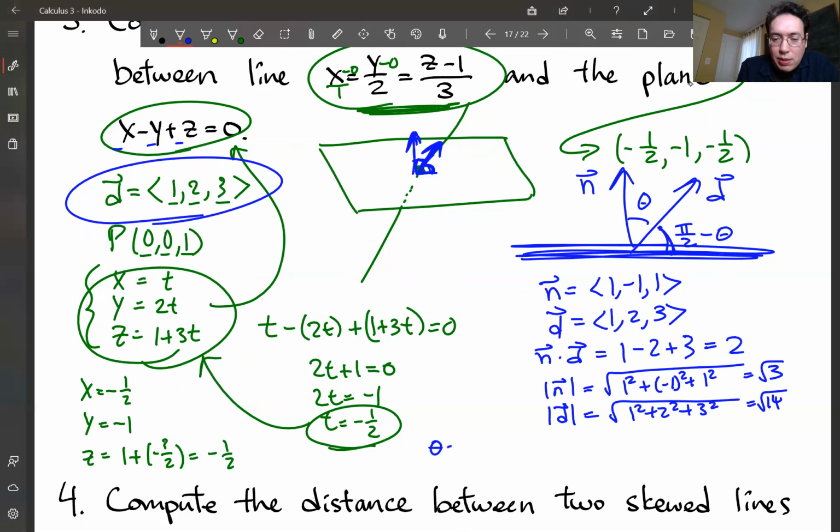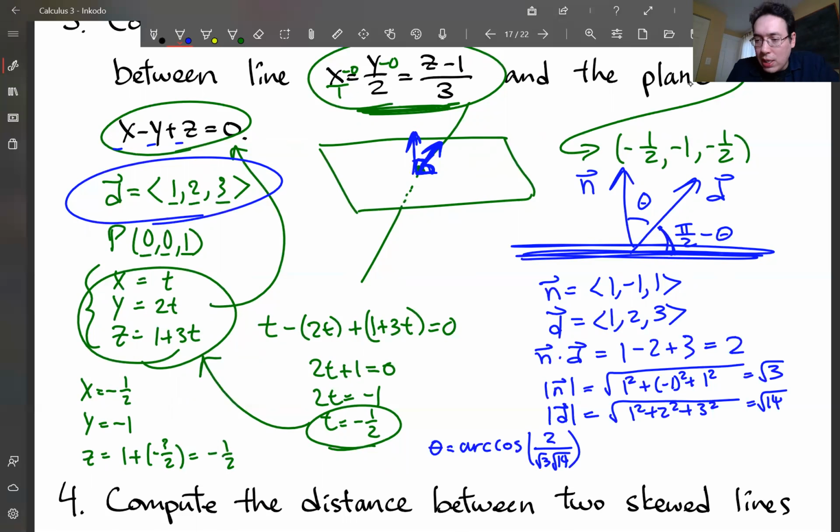And the angle is going to be arc cosine of the dot product, which is 2 divided by square root of 3 times square root of 14. And that's not my final answer. My final answer is pi over 2 minus that.